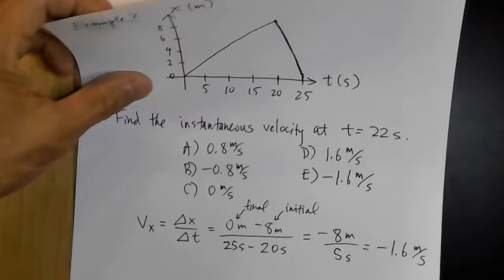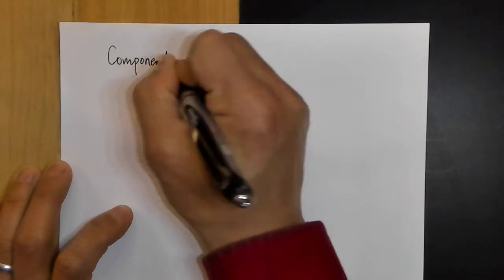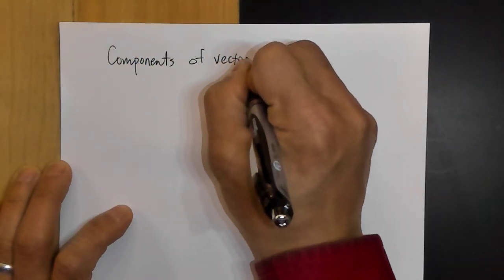Okay. All right. Now let's go ahead and do the new topic. We're talking about components of the vector. Okay, so life so far has been kind of simplified because we were in one dimension, but now we have to consider having more than one dimension, and we have to work with components of vectors.